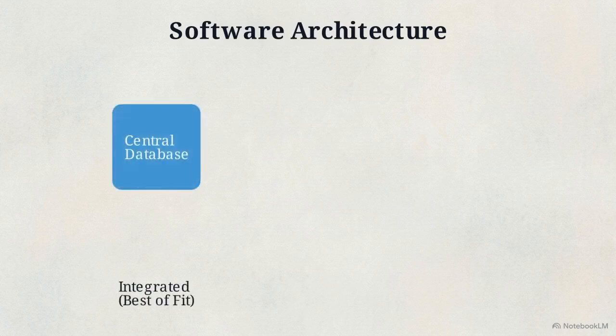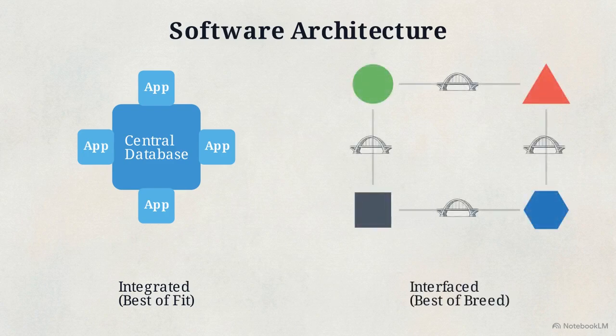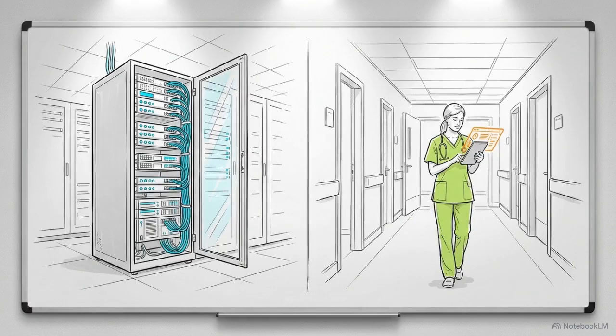An integrated approach, often called best of fit, utilizes separate applications designed to work together on a single shared database. Conversely, an interfaced approach, or best of breed, connects a patchwork of highly specialized independent products linked via data translation bridges. These foundational architectural choices dictate the organization's long-term operational efficiency, maintenance costs, and vendor lock-in risks.